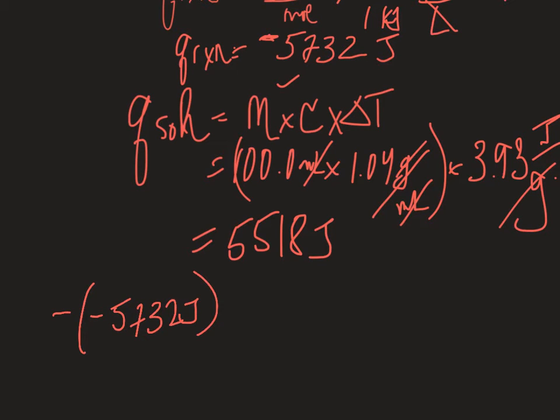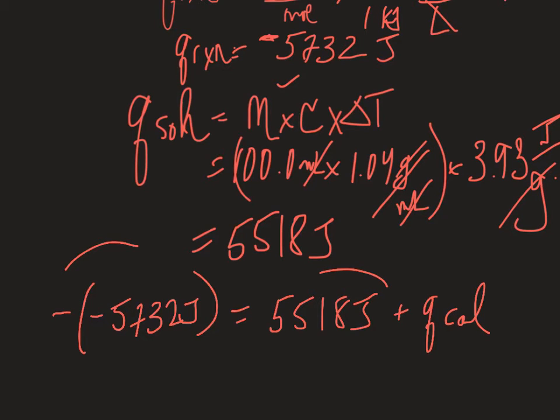You can't forget to put that negative Q reaction in, because if you don't, this whole equation goes to pot. Equals 5518 joules, and then Q calorimeter is what we're solving for. This is our Q solution, this was our Q reaction. When I solve for this, I get 214 joules as Q cal.